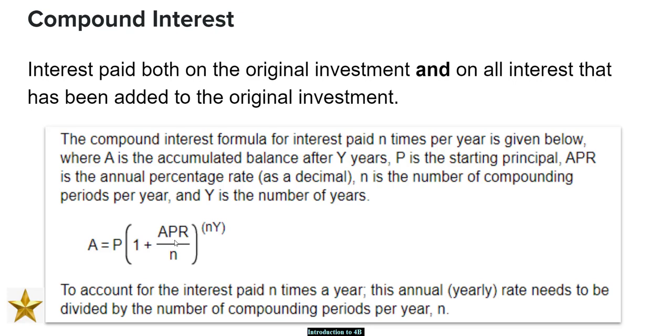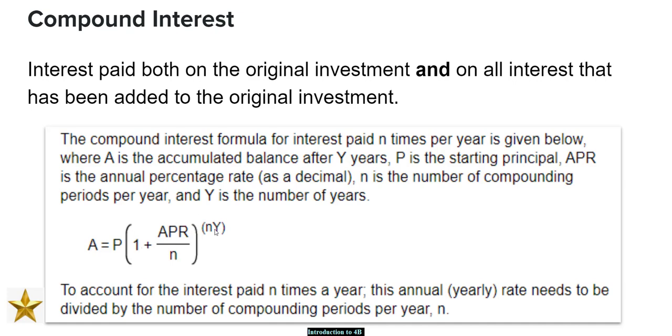Since that's an annual rate, we want to divide that by the frequency of compounding periods per year. So n is often months. Perhaps we would take the APR and divide by 12 if it were monthly compounding. This gives us a percentage inside the parentheses that's a bit bigger than 100%.